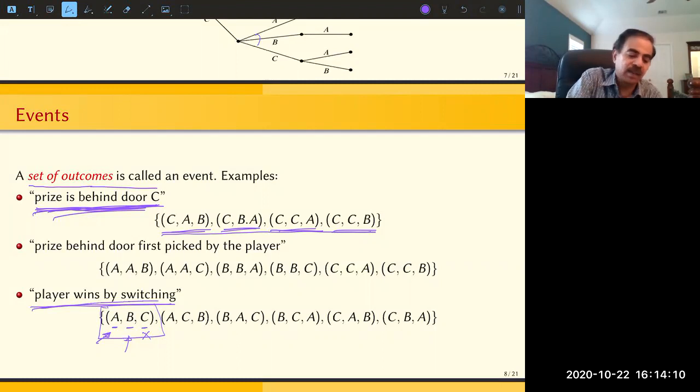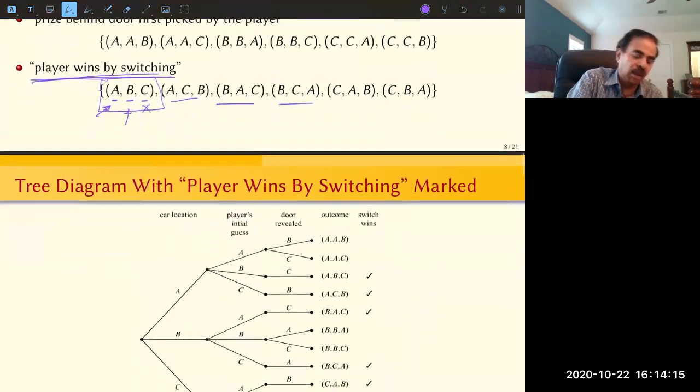You can go through the rest and convince yourself that they all correspond to winning by switching.